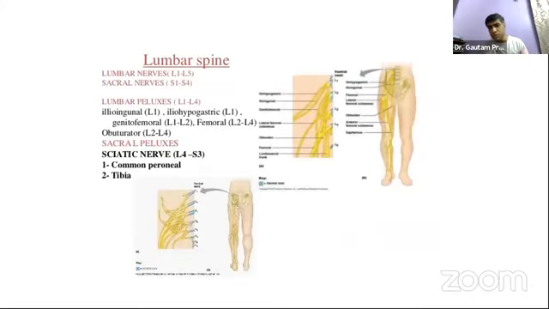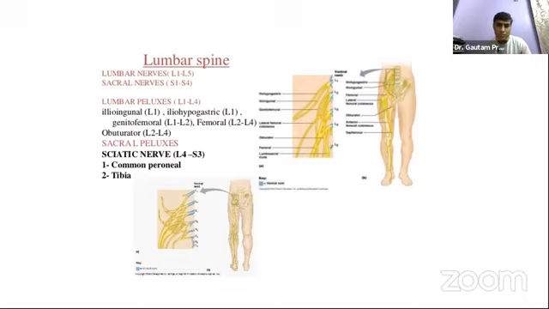The reason is because there are 8 spinal nerves, whereas there are only 7 vertebrae. So in the cervical spine, the corresponding nerve will exit above the pedicle, whereas in the thoracic and the lumbar spine, the corresponding nerve root will exit under the same pedicle.